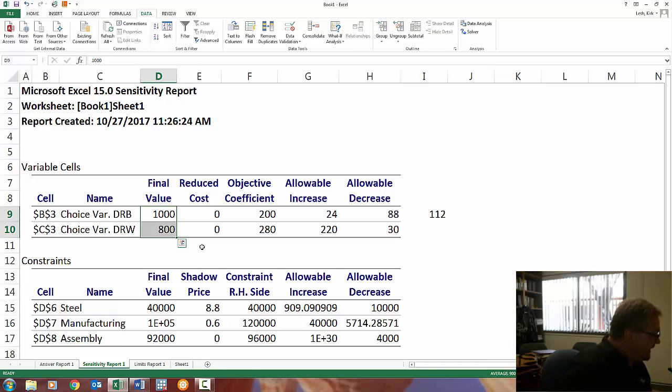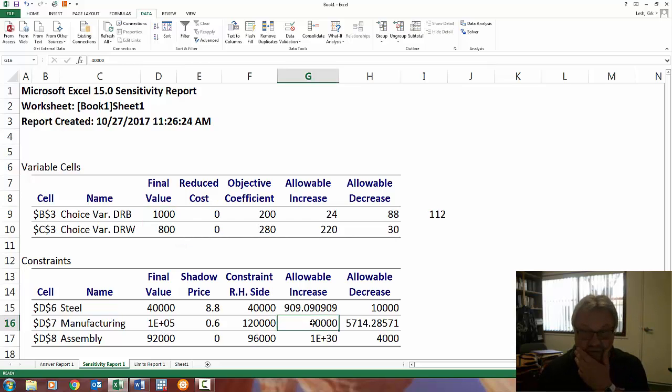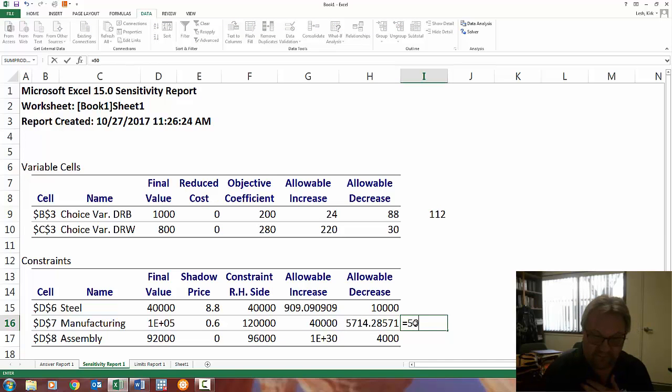If the available manufacturing time is increased by 500 hours, will the dual value for the manufacturing time constraint change? Manufacturing. Okay, so 500 hours, these are in minutes. I have 60 minutes in an hour.